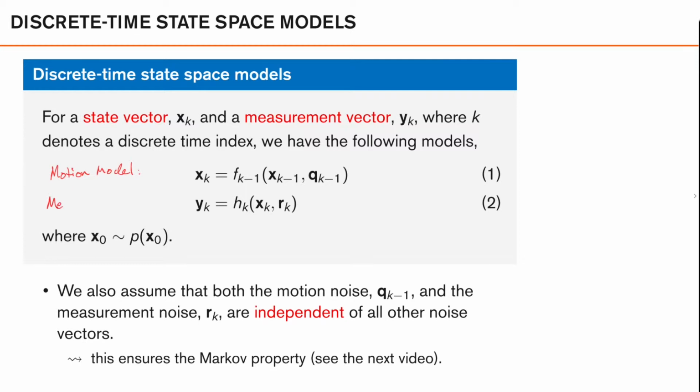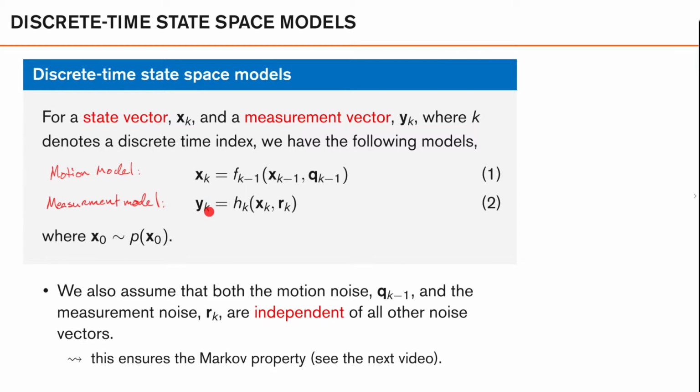Secondly, we have a measurement or sensor model, which again in its most general form describes the current measurement, yk, as a function hk of the current state, xk, and a measurement noise process, rk. The purpose here is to statistically describe how we can relate the current state to our observation yk.